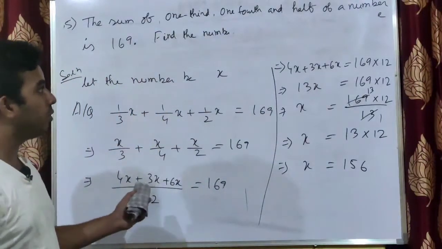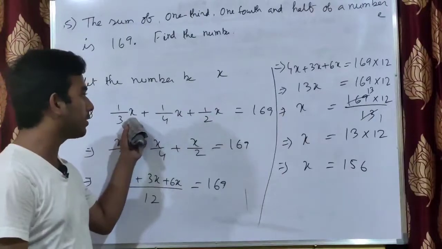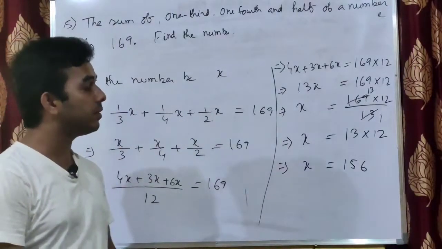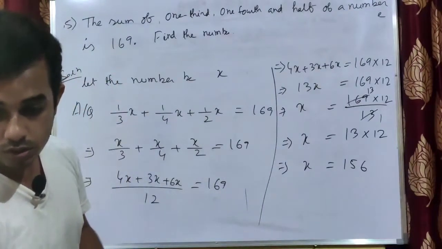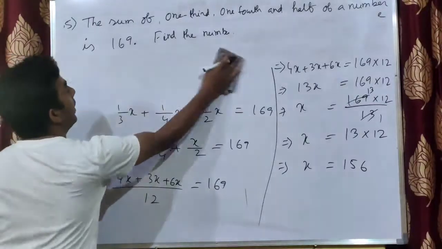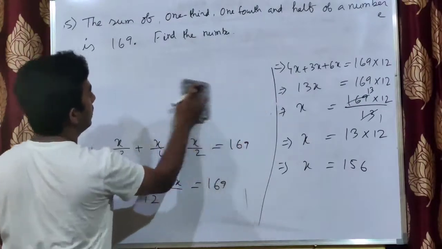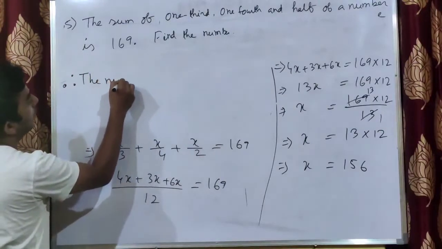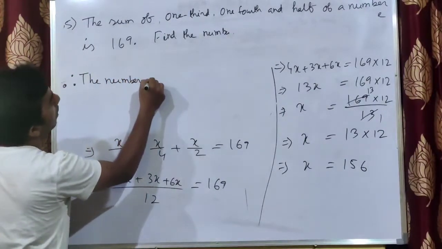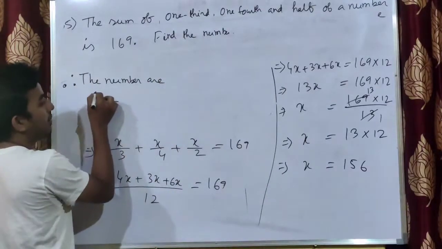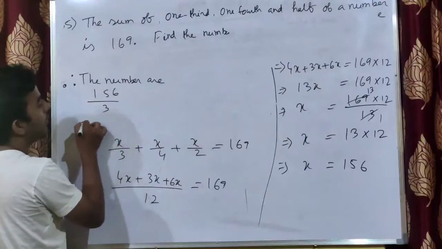Now we have to put the value of x in all those terms, then we will find the numbers, right? So our numbers will be what? Therefore the numbers are: one is x by 3, 156 by 3 equals what?